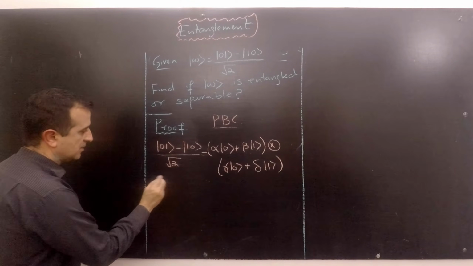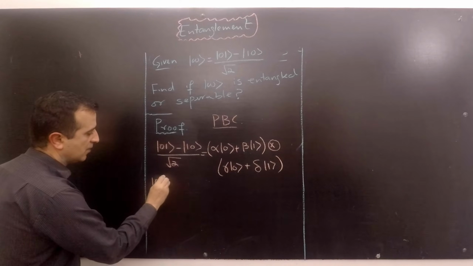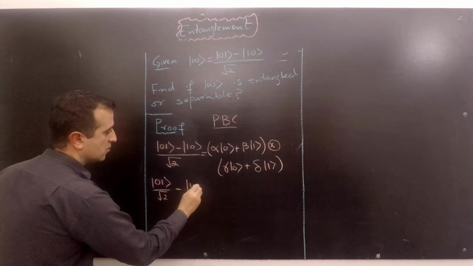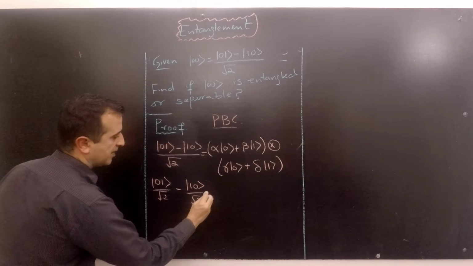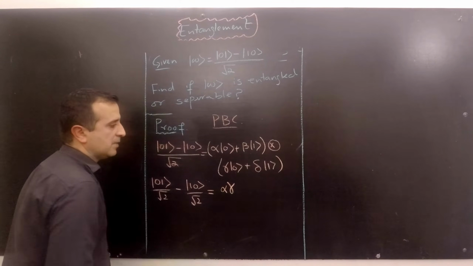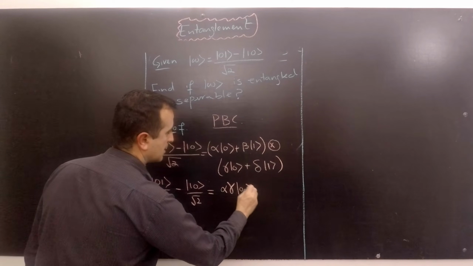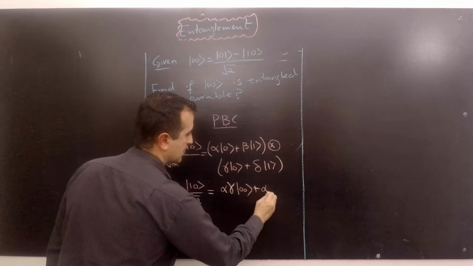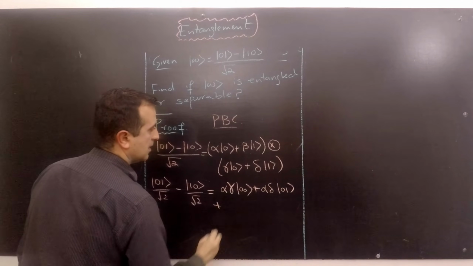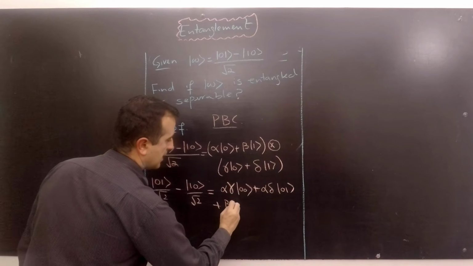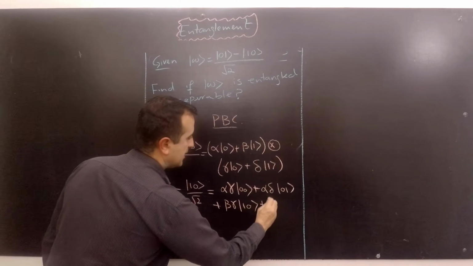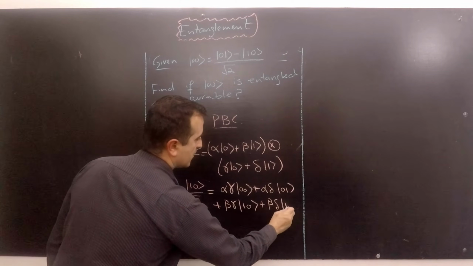On the left hand side we get ket 0 1 divided by square root of 2 minus ket 1 0 divided by square root of 2, whereas on the right hand side we get alpha gamma ket 0 0 plus alpha delta ket 0 1 plus beta gamma ket 1 0 plus beta delta ket 1 1.